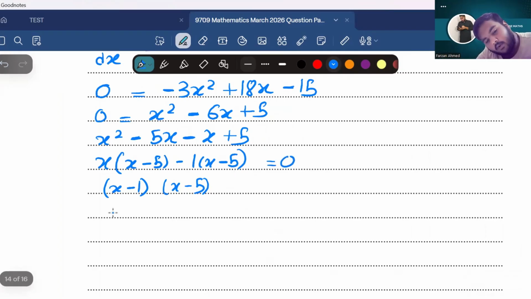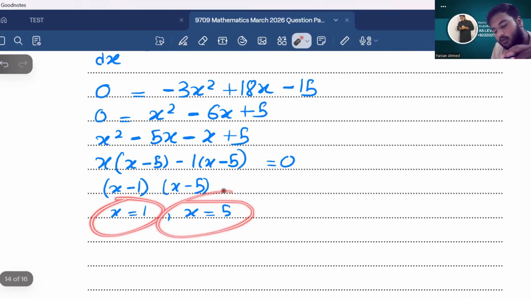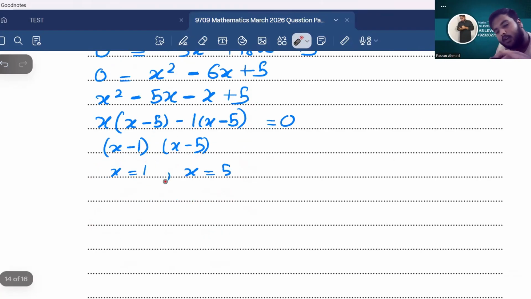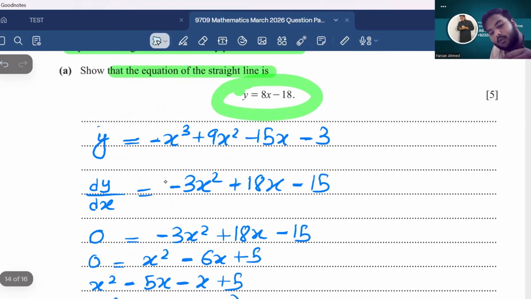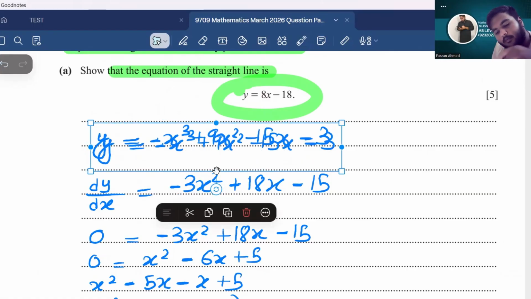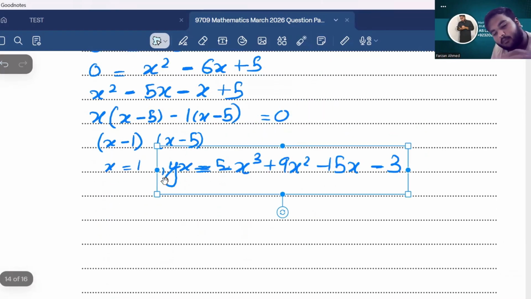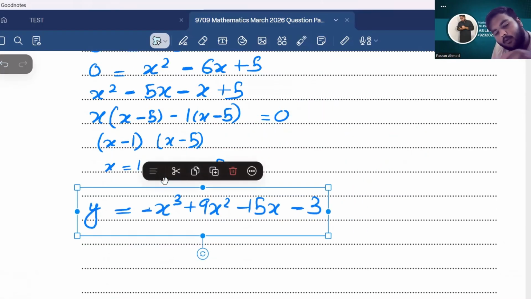The x values we got are x equals 1 and x equals 5. Now when we have these two x values, we will use the equation to find the y values.